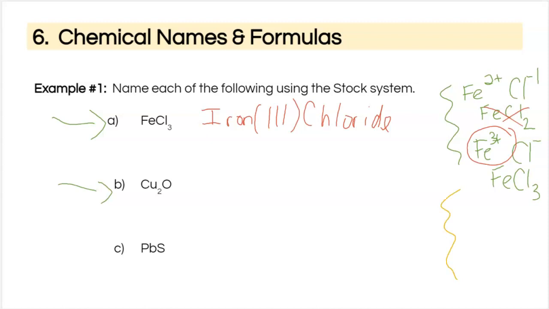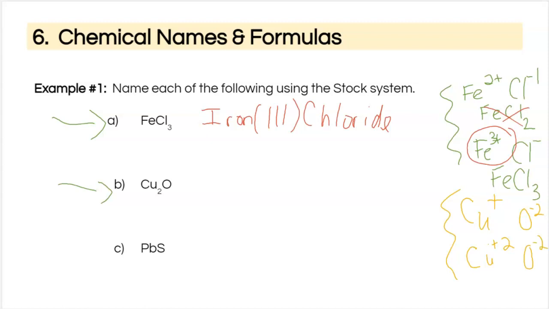Okay, so copper is multivalent. That is what's telling me that I need to use my Roman numerals. So I need to figure out, is it copper +1 or is it copper +2? Now, oxygen always has a -2 charge, so in both cases I would have the -2 charge.